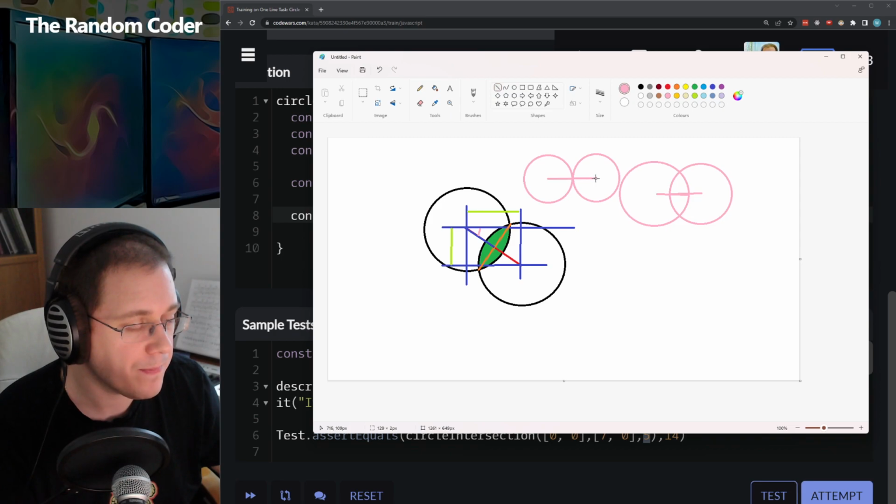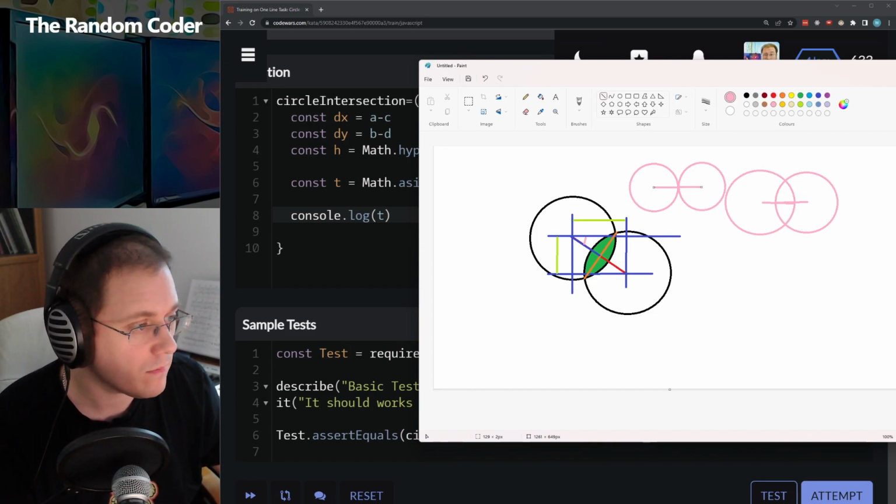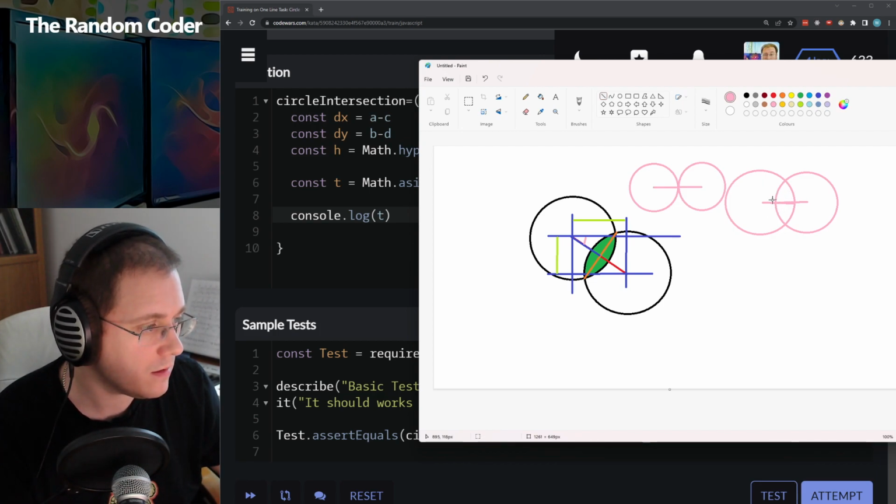There to there. So we're expecting that h will be something like, well, it will be 7 actually. 7 exactly, and t for theta will be something like, well, it'd be less than that, maybe like 30 degrees or something.